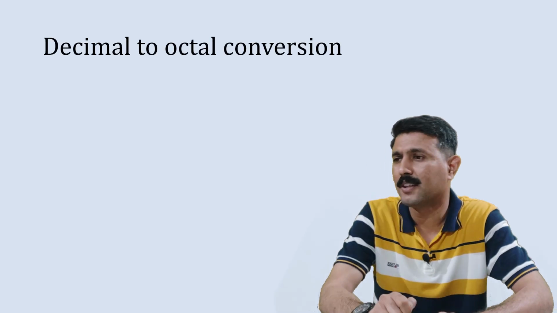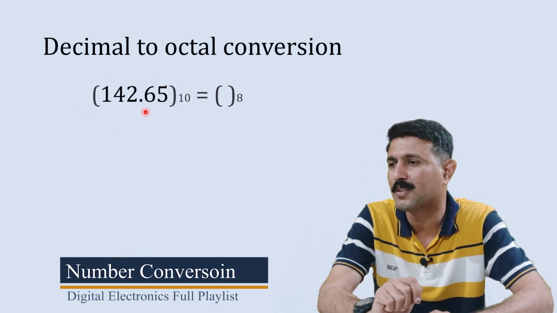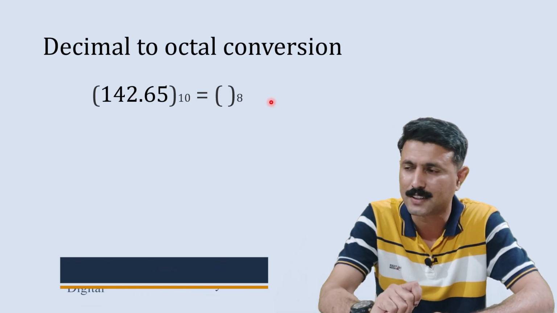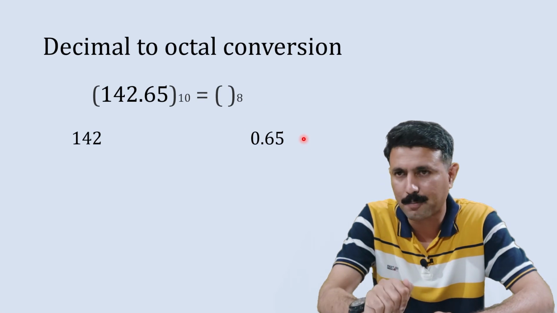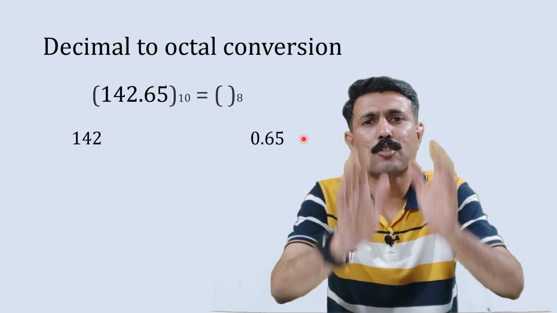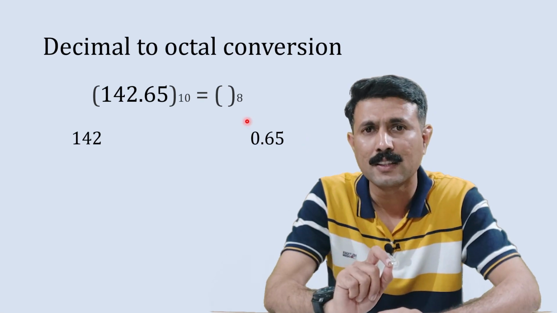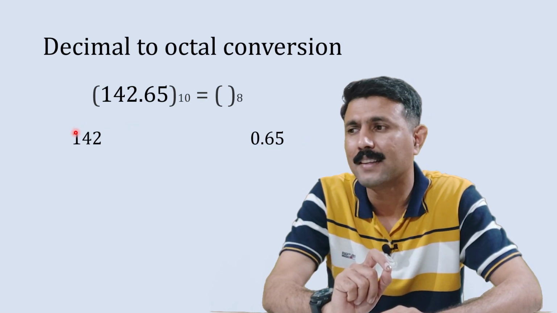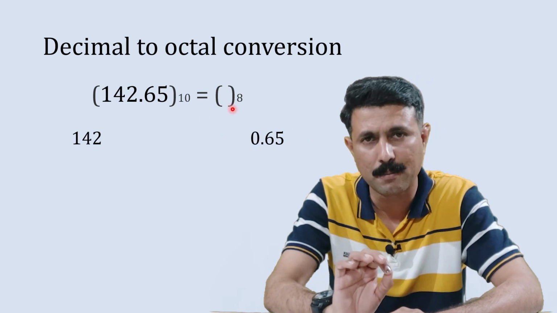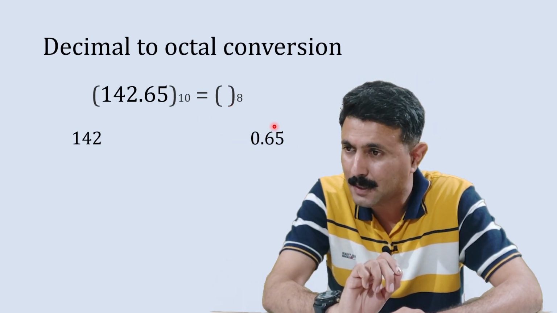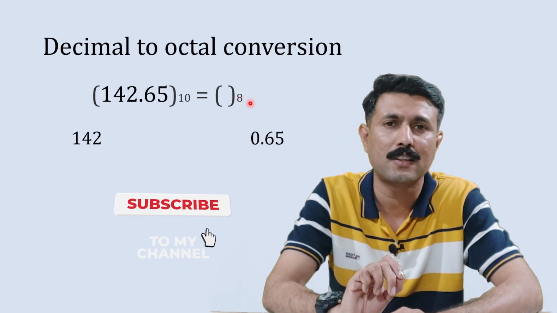So first conversion is decimal to octal conversion, and this is our decimal number which we are supposed to convert into octal number. So we'll write integer part and fractional part separately. And the simple and common logic from decimal to any number conversion is you are supposed to divide the integer part with the base of your conversion number, and you should multiply the fraction part with the base of that number.